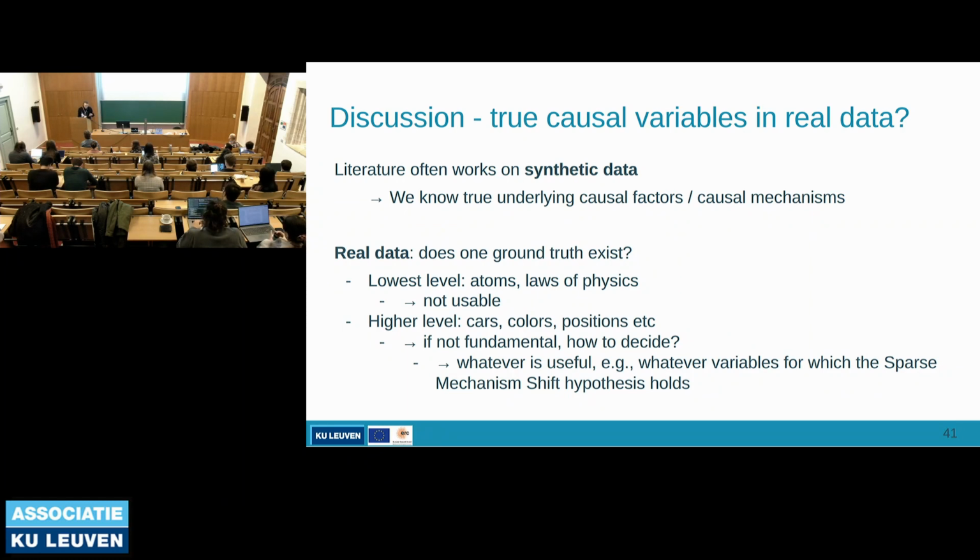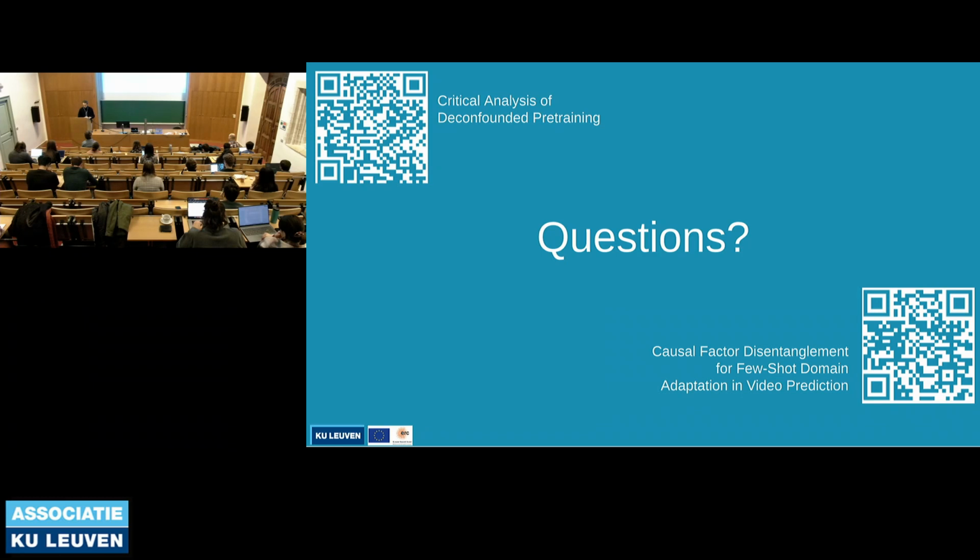If there's no fundamental ground truth there, how do you decide what to pick? Probably the answer is along the lines of whatever turns out to be useful is what we should use. And maybe in our case, it's whatever slicing of the data for which the sparse mechanism shift holds. That is what we call the truth. So that's it. Thanks for your attention.